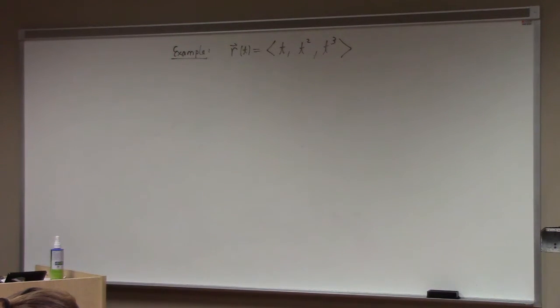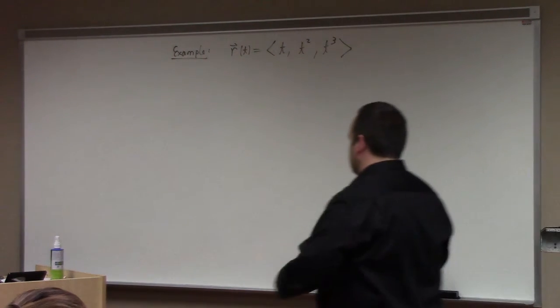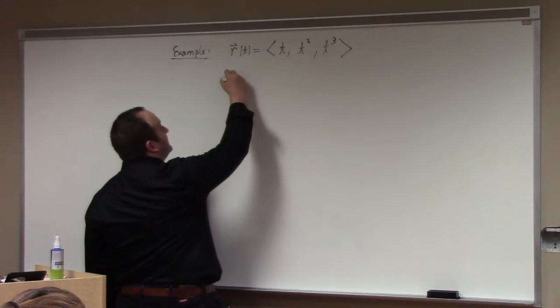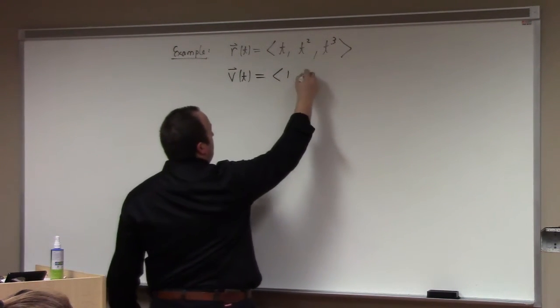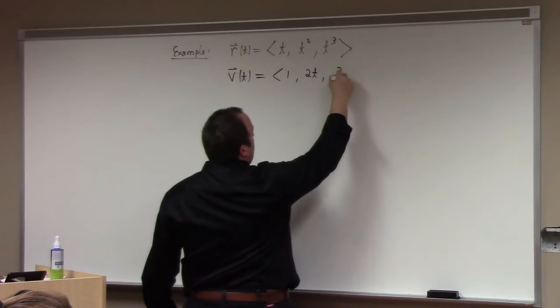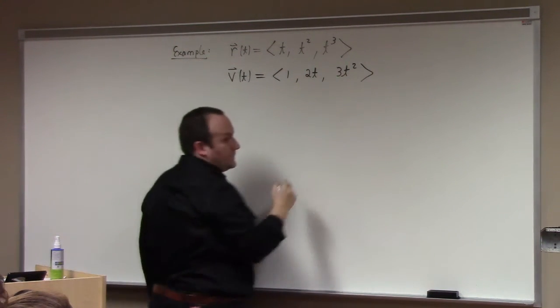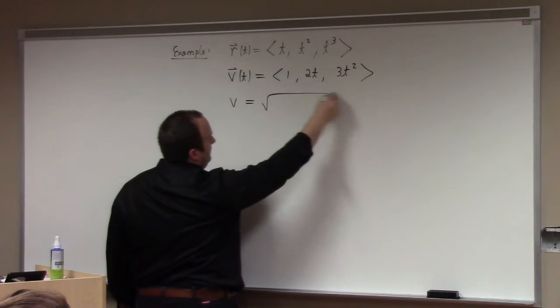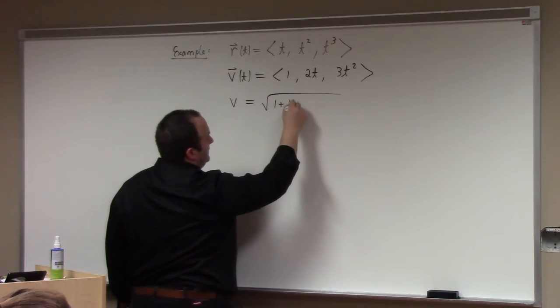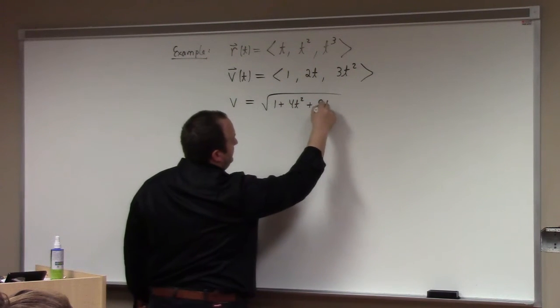What's my arc length function based at 0? Let's figure these things out. So velocity, v, we got 1, 2t, 3t squared. And then what's my speed? My speed is the square root of 1 plus 4t squared plus 9t to the 4th.